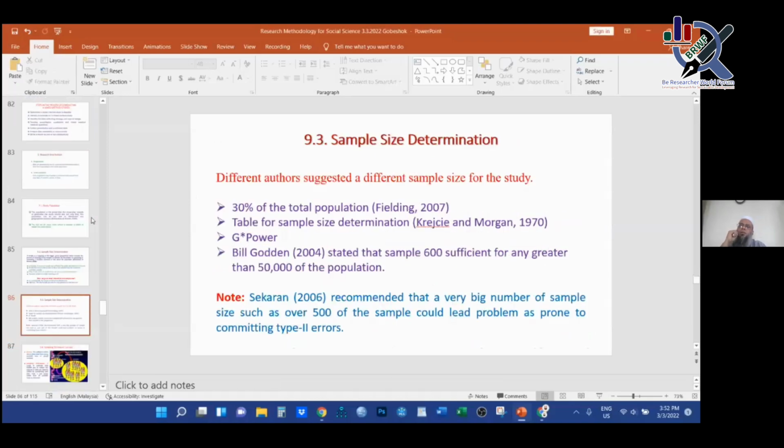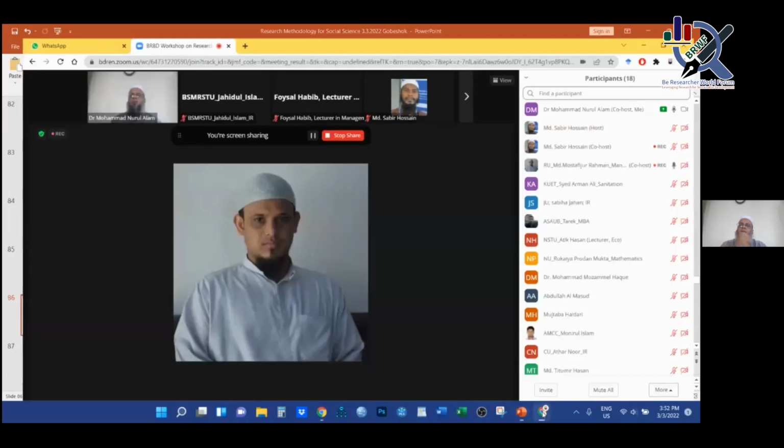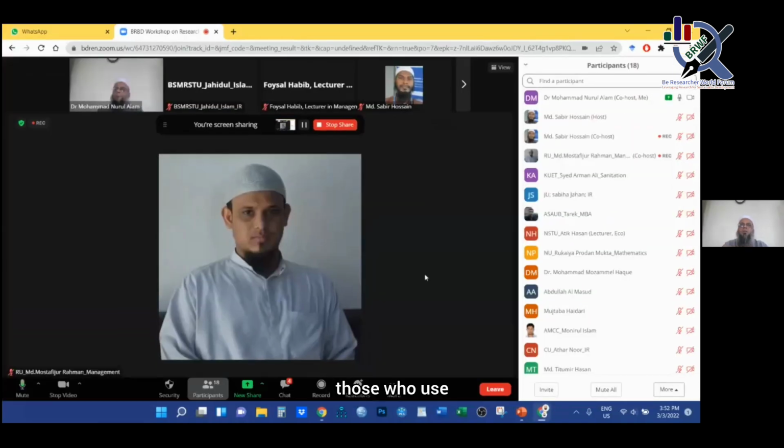Suppose those who use Fair and Lovely, then Lever Brothers are going to study those users of Fair and Lovely, and it is very difficult. What is the actual number of population? How many people are using Fair and Lovely? It is very difficult. So that's why it is called the unknown population.